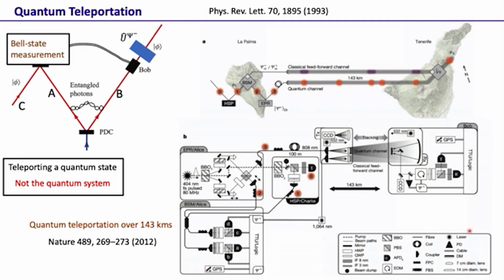Again, I am not going to go through the details of it, but the basic principle is exactly the same. So that's a BBO crystal, and we see that the two parties were separated by 143 kilometers, and one could still teleport the state. So this was a very convincing demonstration of quantum teleportation. So we will stop here for this lecture.